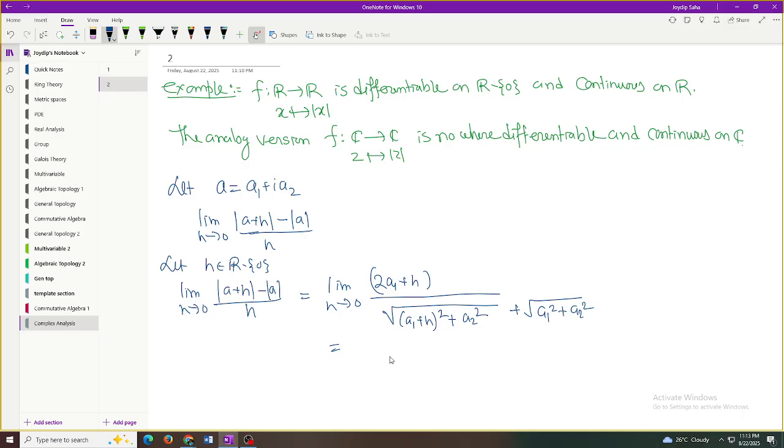Okay. Now again, limit as h tends to 0 of (mod(a plus h) minus mod a) divided by h.